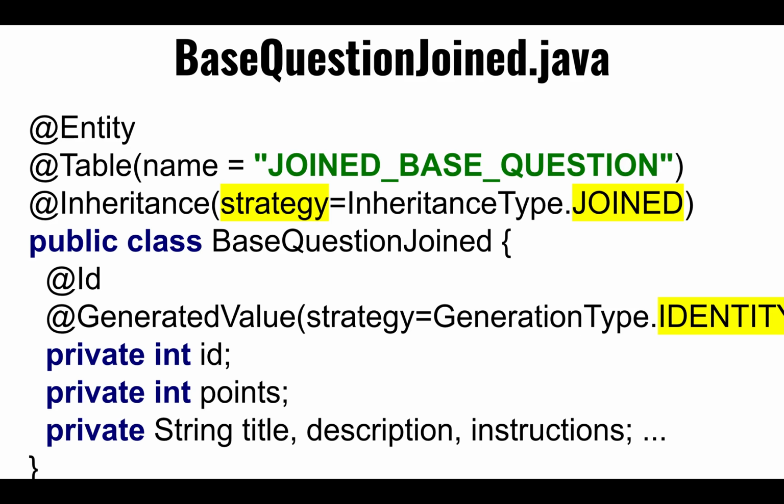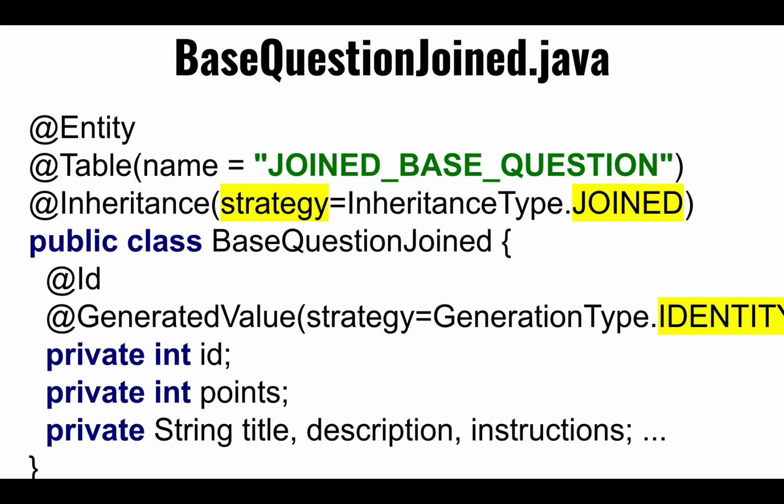You could have the same class and three subclasses of this base class, but to distinguish the three different versions, I've appended joined there. So if you don't want to use the default implementation strategy that comes out of the box with JPA, you can override that and say, no, I instead want to use the joined strategy, right?